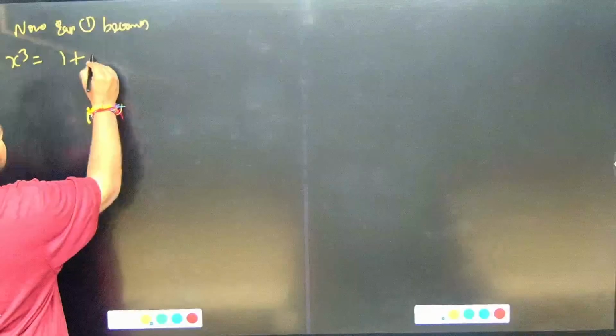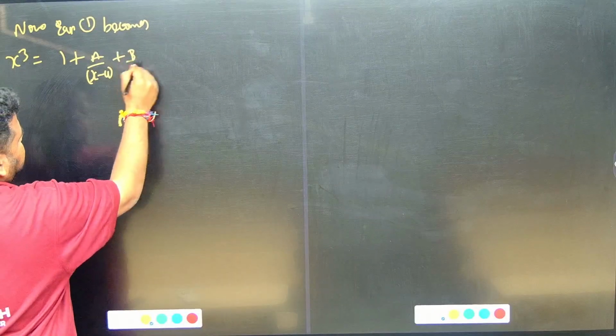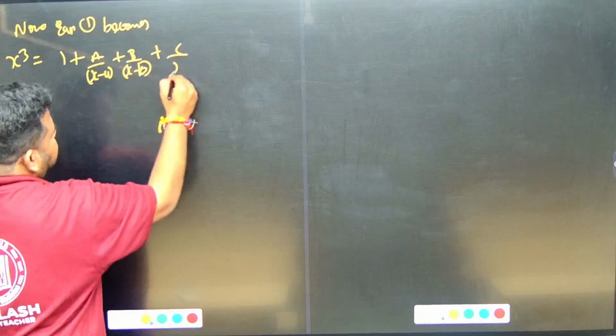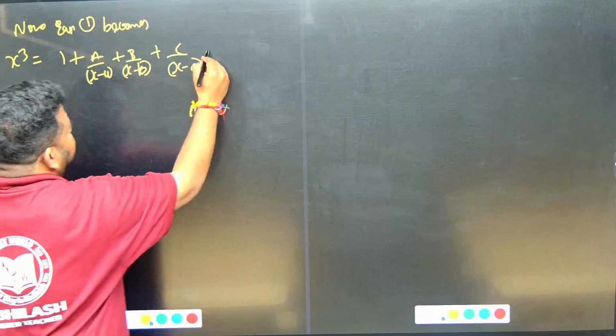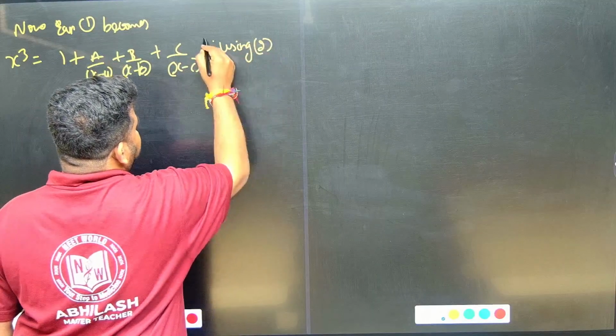R of x is A by x minus a plus B by x minus b plus C by x minus c. Therefore, using equation 2, we got this.